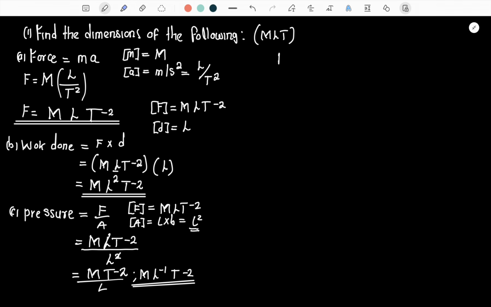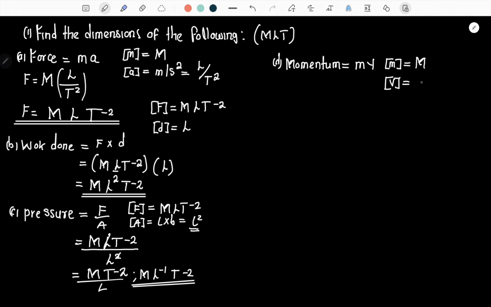We got to D. D, we have the momentum. What is momentum? What is the formula of momentum? Momentum is simply mv. What are the dimensions of the mass? What are the dimensions of the velocity? So the dimensions of mass is simply capital letter M. What are the dimensions of velocity?